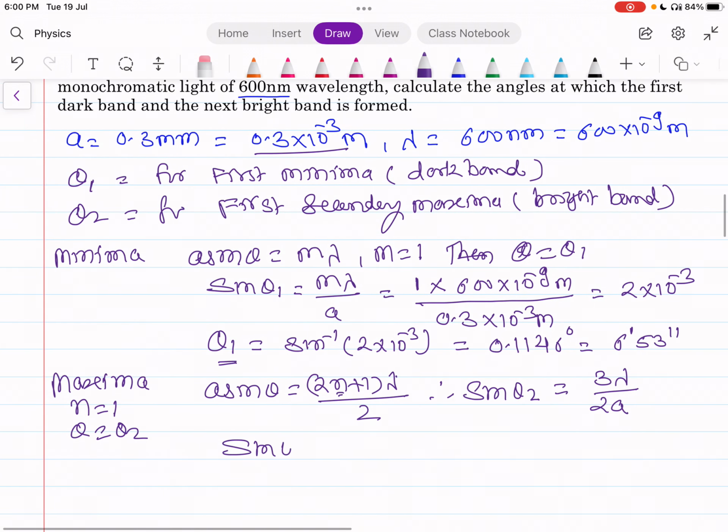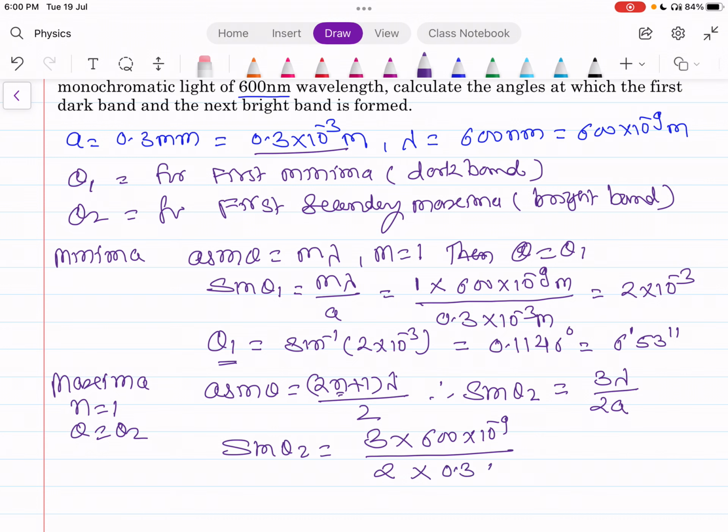So sine theta 2 is equal to 3 into lambda, where lambda is 600 into 10 raised to minus 9 meter, divided by 2 into a, where a is 0.3 into 10 raised to minus 3 meter. So this comes around 3 into 10 raised to minus 3.